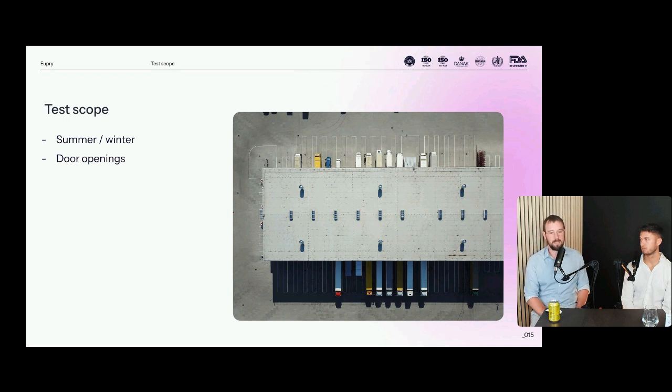The next thing is related to door openings. Again, you need to have a good understanding of the process that you're trying to validate, the storage process, because that's going to drive your requirements for exactly how you need to perform this mapping.